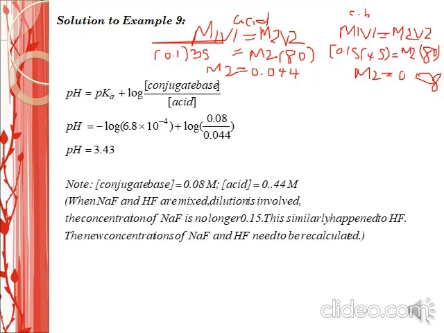Then you substitute the base here, the acid here, and Ka is given, so you just take negative log Ka to get pKa. So the pH would be 3.43.